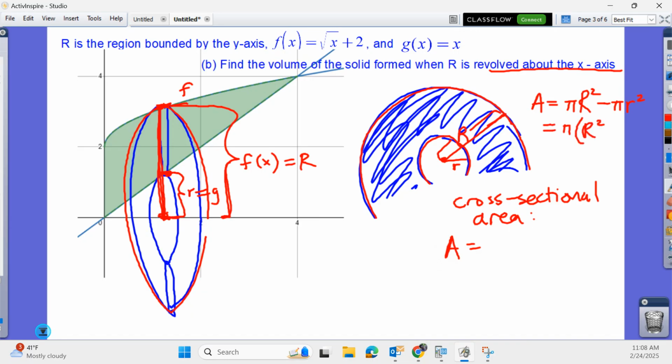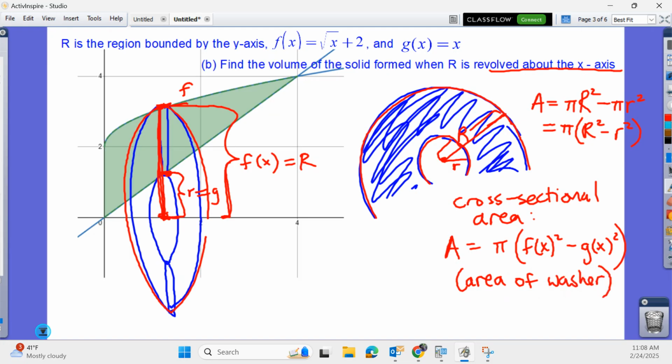So you can do big R squared minus little r squared. And so we're going to do that too. We're going to say that cross-sectional area is pi times f of x quantity squared minus g of x quantity squared. And that's the area of the washer, okay? That's the thing that we're actually going to integrate.